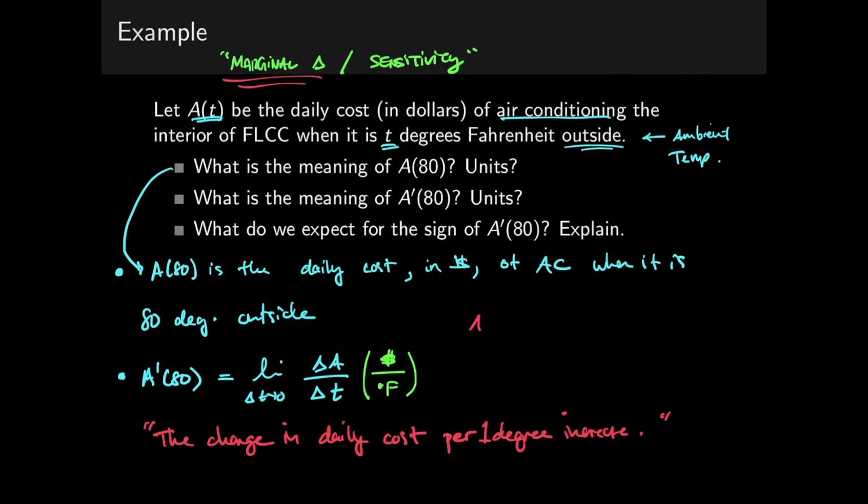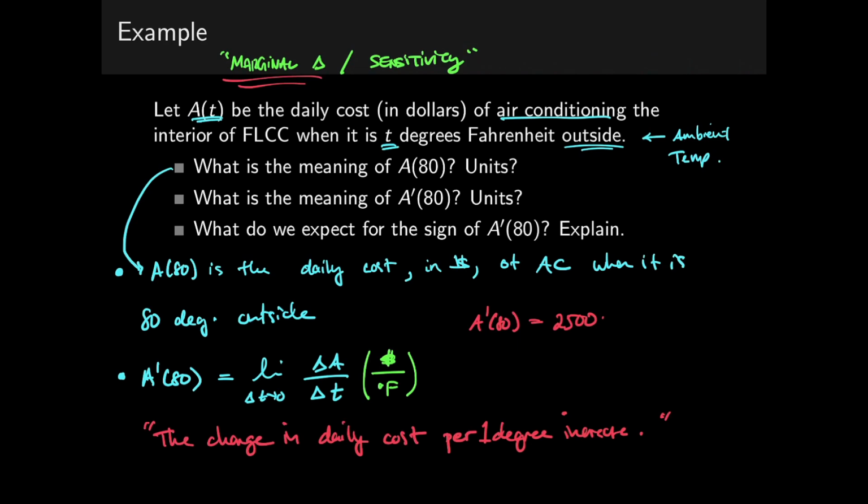So for example, if we said A prime of 80 was, let's say, 2,500. Okay, what would this mean?